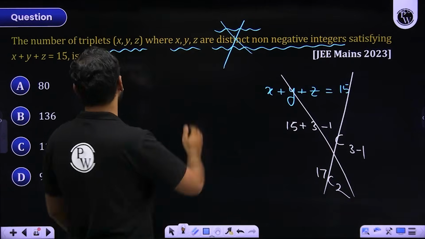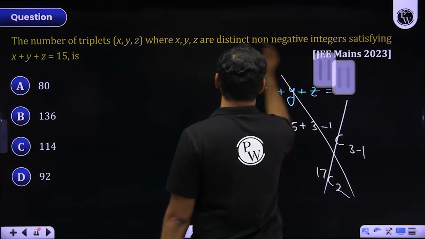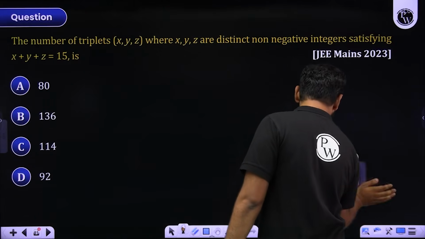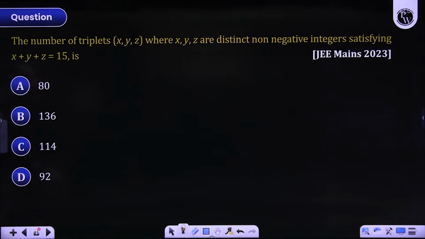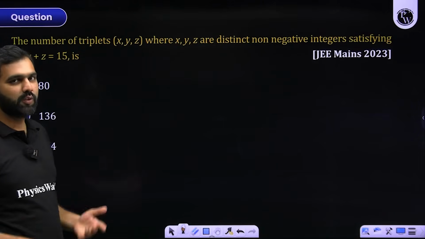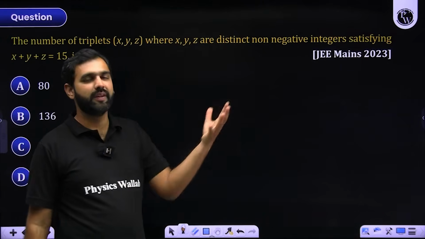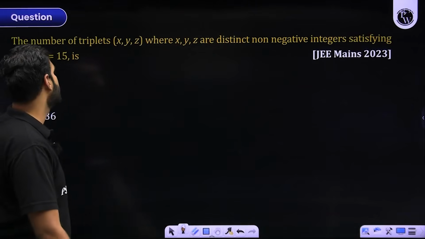Then what is the question? The question says that x, y, z, all of them should be distinct. They should be different. Now, how do you ensure that they remain distinct? That's the catch. Learning a formula and applying it is easy. The logical approach should be there with you. That's the part where you should put your attention.